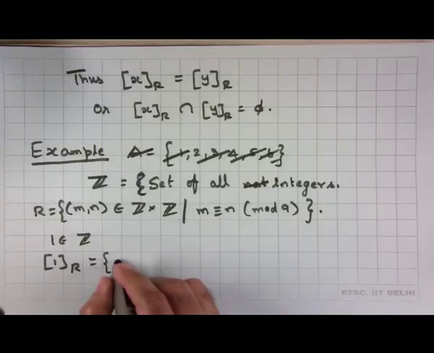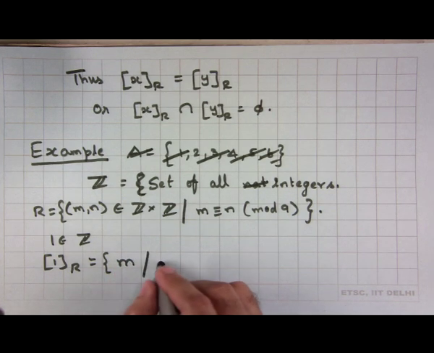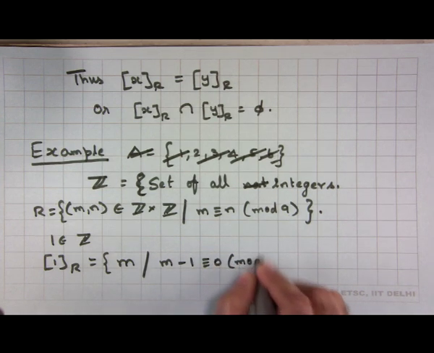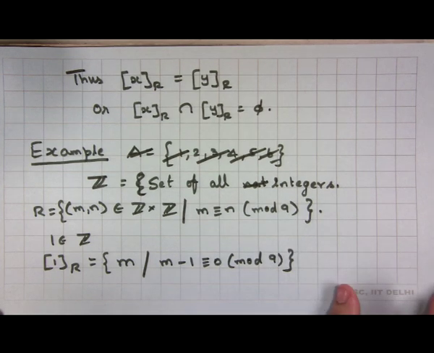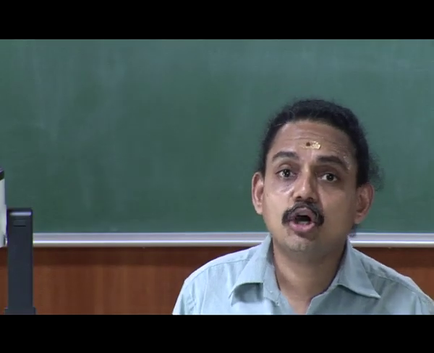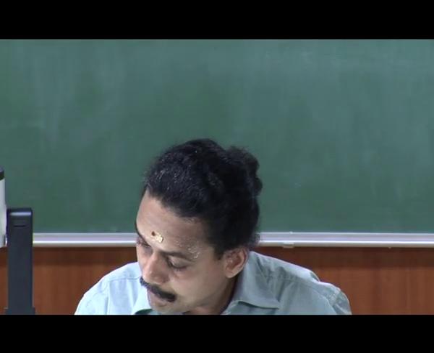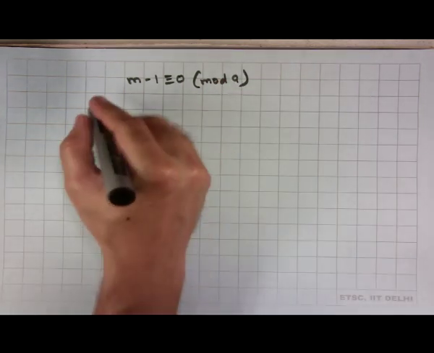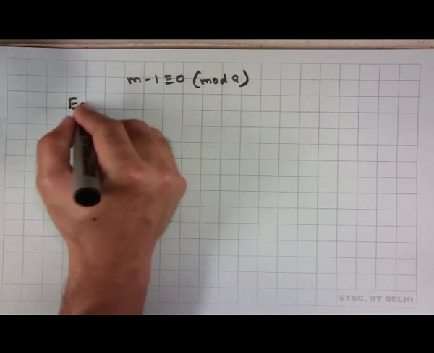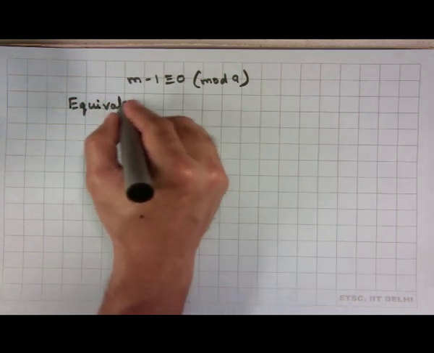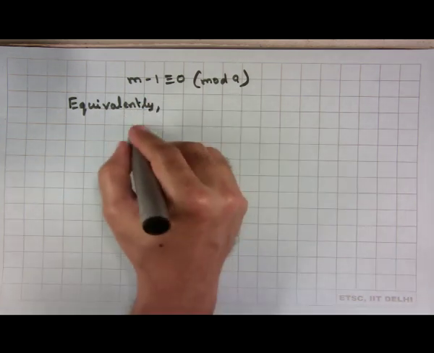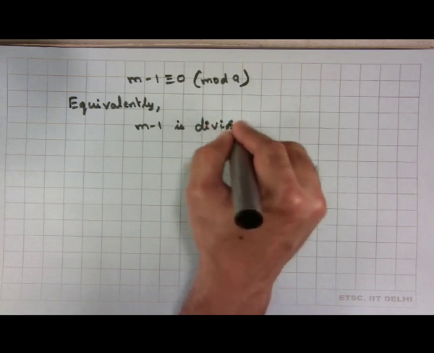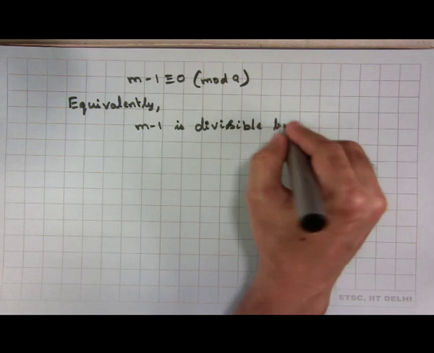So, this means all those m such that m minus 1 is congruent to 0 modulo 9, which is equivalent to saying that m minus 1 is divisible by 9.